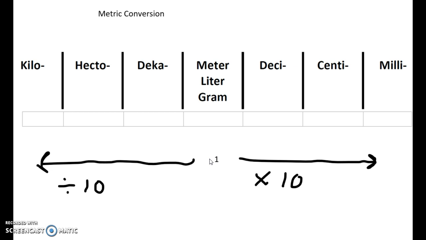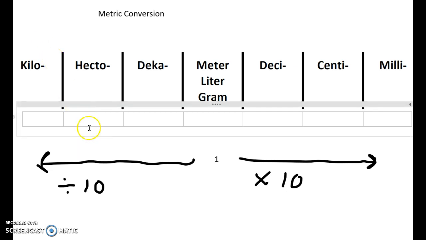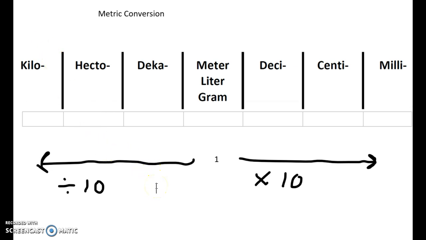So what does that look like? If we have, let's say, 200 meters, and we want to know how many kiloliters are in 200 meters. We'll take our decimal. Let me get a pen. We'll take our decimal and we're going to go from meters to deca, hecto, kilo.